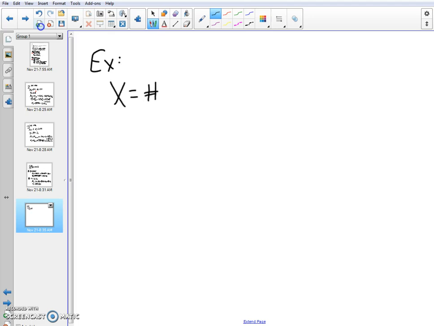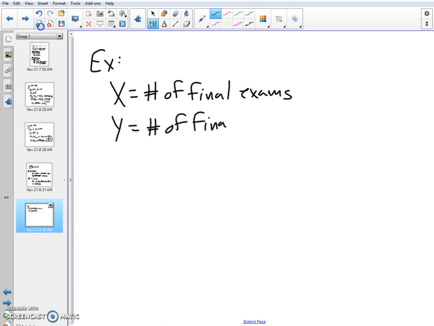X is equal to the number of final exams the student has to take. Y is equal to the number of final papers they have to write. So some classes do one or the other. Some classes you may have to do both in. And we are given that X and Y are independent.